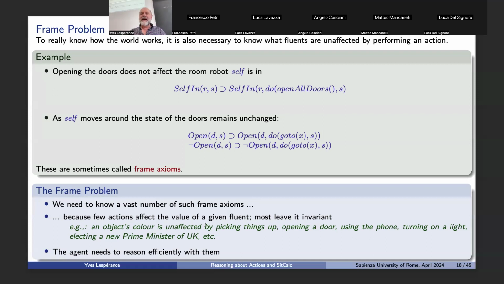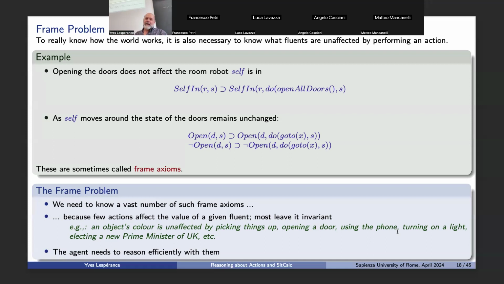Picking up something or opening a door or using the phone or turning on the light or electing a new prime minister will not change the color of the object. So this fluent is affected by almost no action. If you had to enumerate all this, you would end up with a huge number of frame axioms.